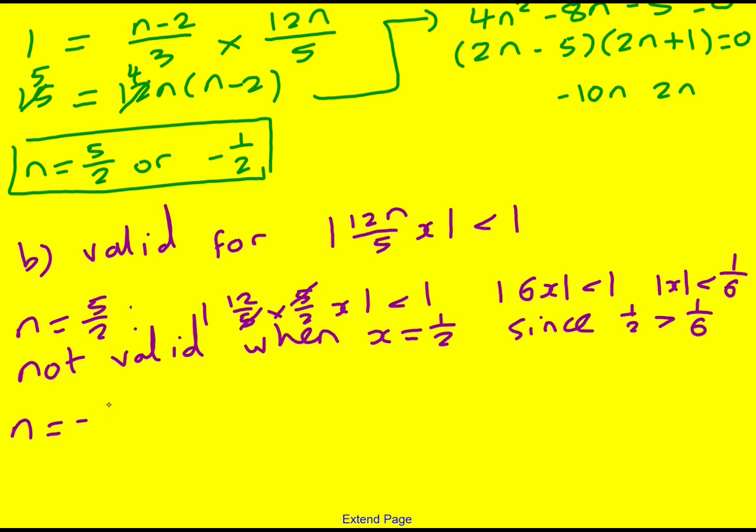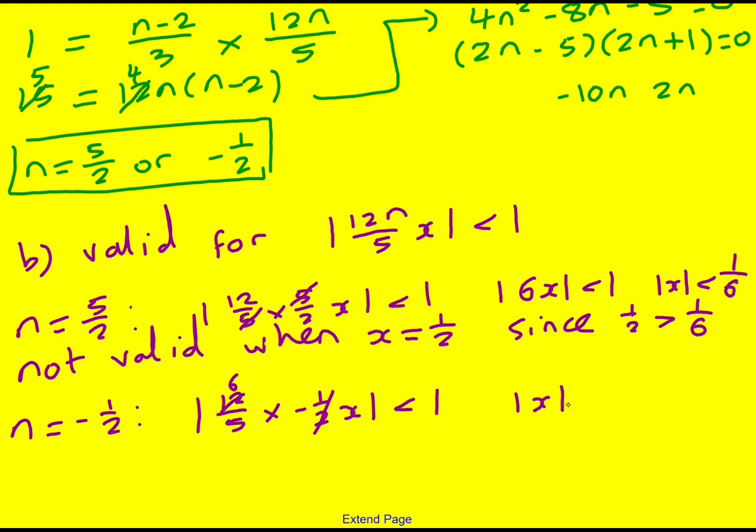So what about if n is minus a half? Then we've got the modulus of 12 over 5 times minus a half, x, is less than 1. Now the half and the 12 are going to partially cancel, leaving me 6 here. I can actually get rid of the negative because it's inside the modulus sign.